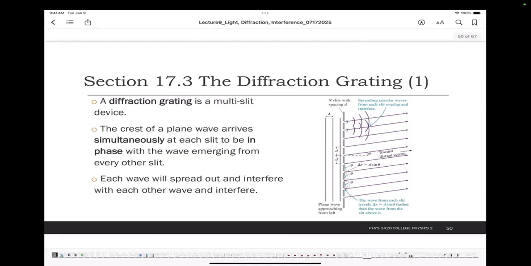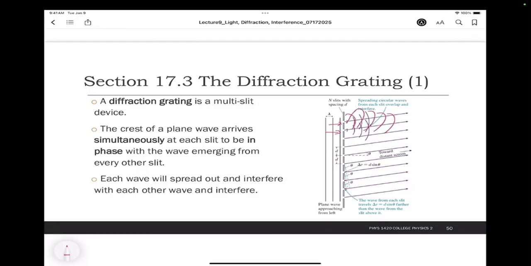When the light goes through these slits, each wave will spread out like that, and those waves will interfere with each other. Does it make sense to you?